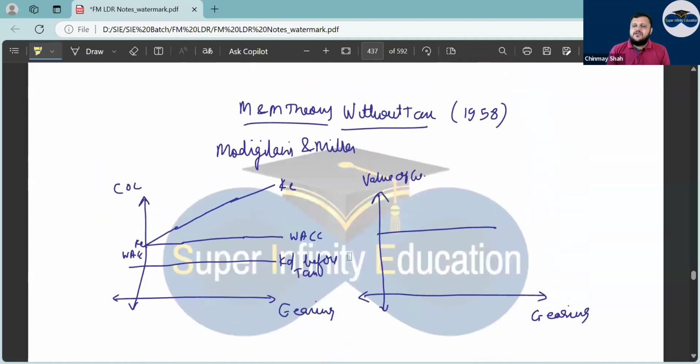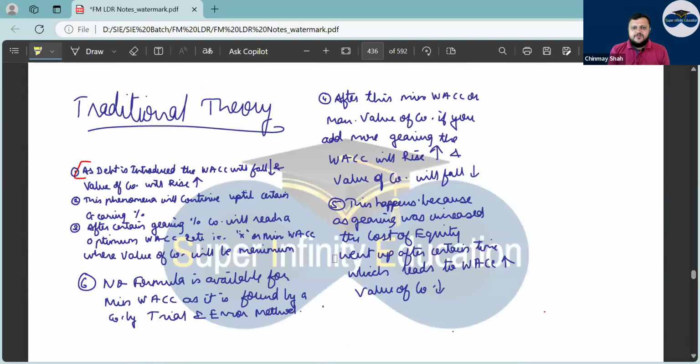Then you have Modigliani and Miller without tax. M&M without tax. What is M&M without tax? Have a look. What does M&M without tax say? Now tell me, 1 minute. Traditional theory. What is the learning from traditional theory? When you are introducing new capital, should you introduce debt or should you introduce equity?